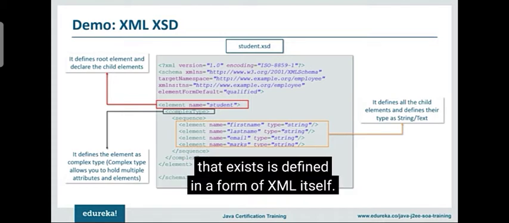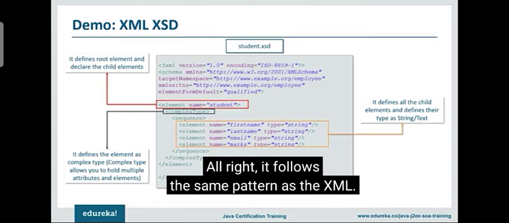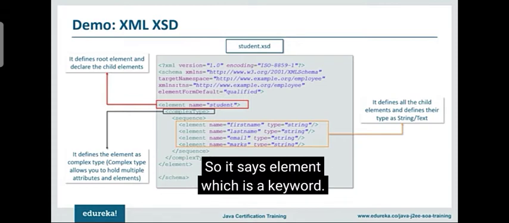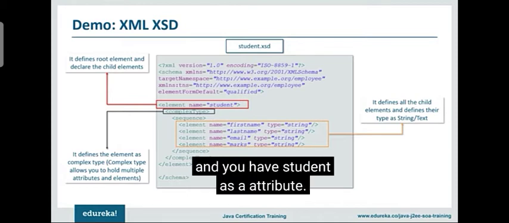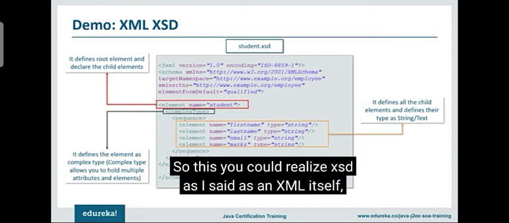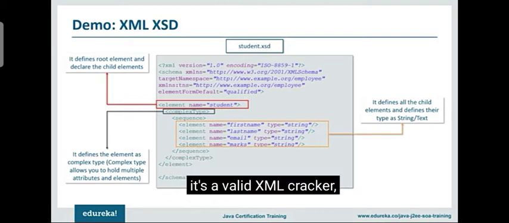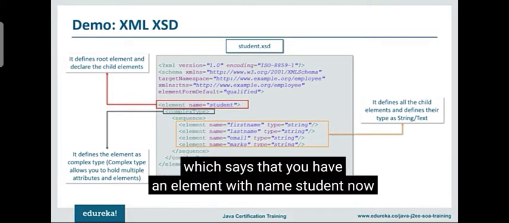XSD is defined in the form of XML itself, following the same pattern as XML. Element is a keyword for your XSD, and you have student as a name. You could see XSD as valid XML itself, which says that you have an element with the name student.